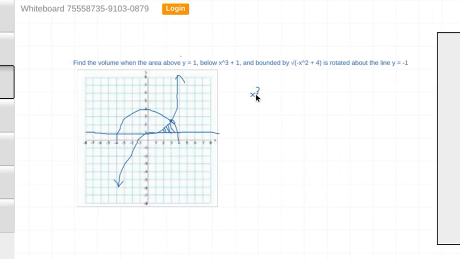So to start, let's set these two equations equal to each other. So x cubed plus 1 equals root -x squared plus 4. Plugging this into our calculator, we get 0.9190619, comma, 1.796321.